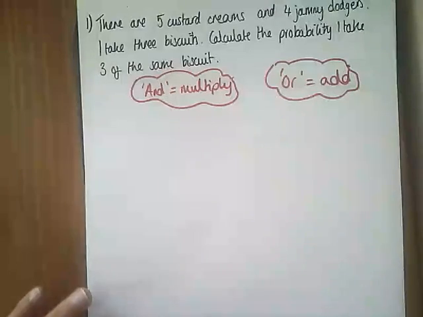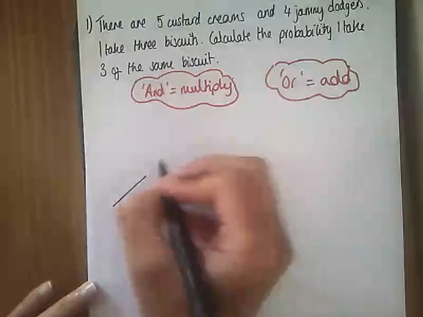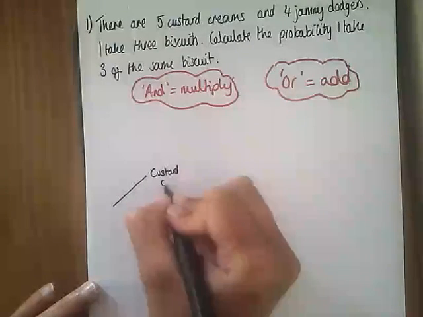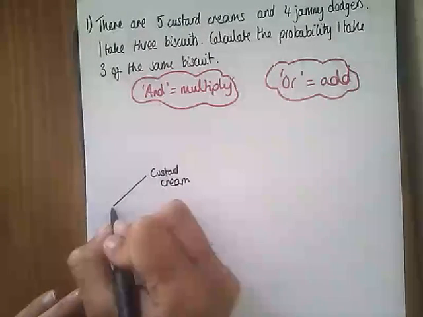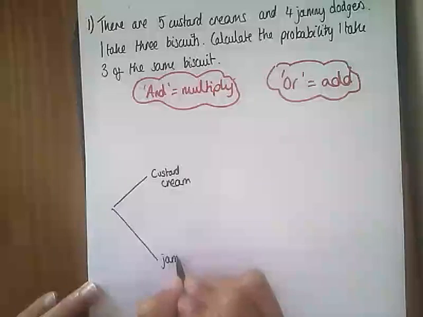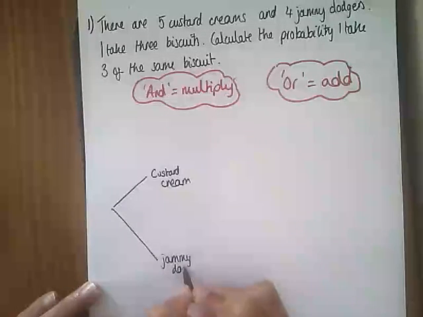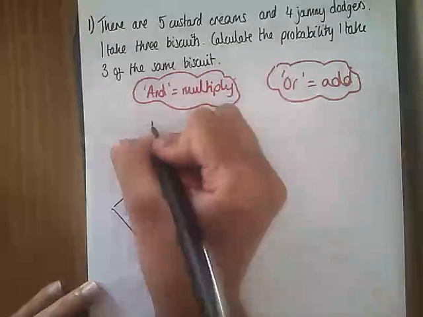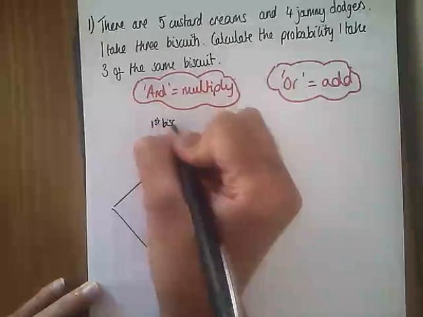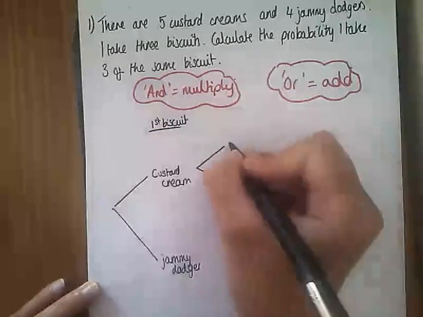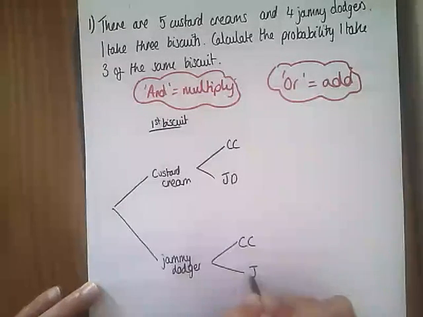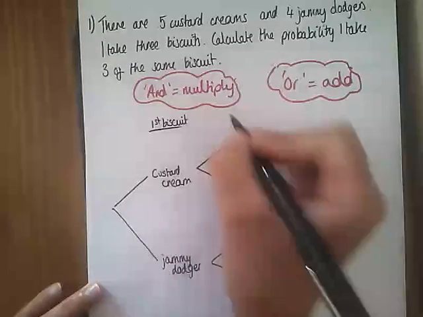So when I go to take a biscuit to start with, I can either take a custard cream or I can take a jammy dodger. Those are the only 2 options because they're the only 2 biscuits in the tin. If I take a custard cream the first time, so this is my first biscuit, I can still either take a custard cream or a jammy dodger. That's my second biscuit.